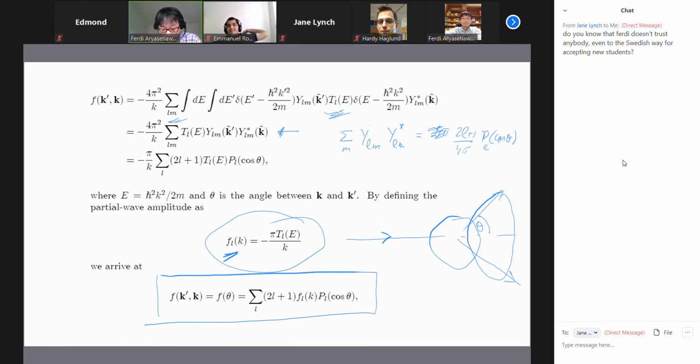Now this scattering amplitude can be written in terms of what is called the phase shift. And we will see this later.